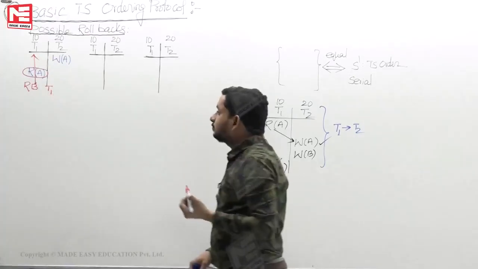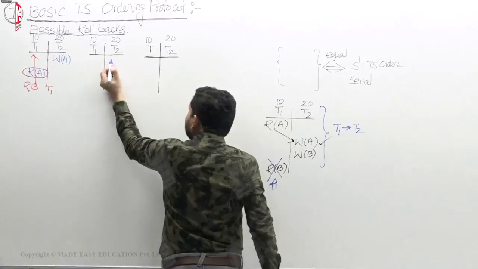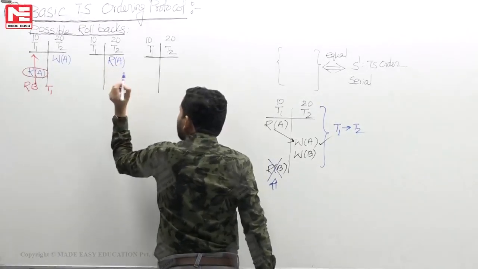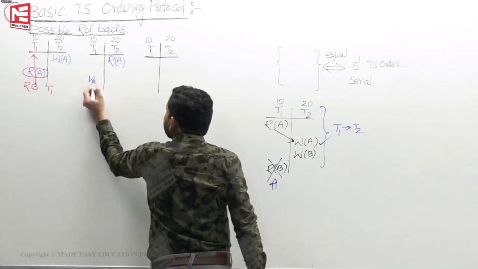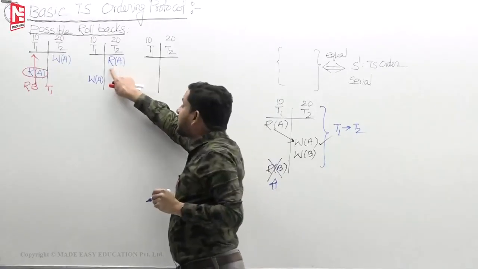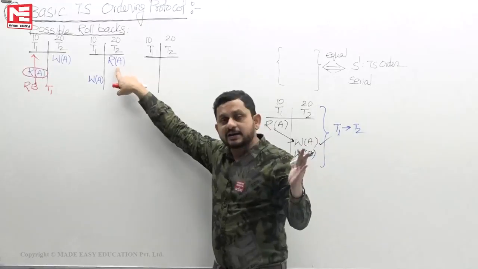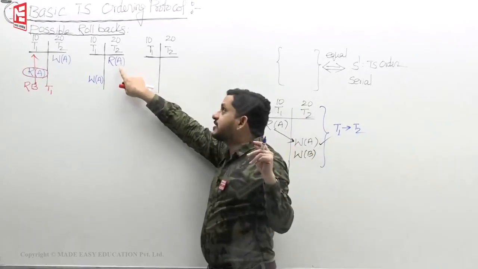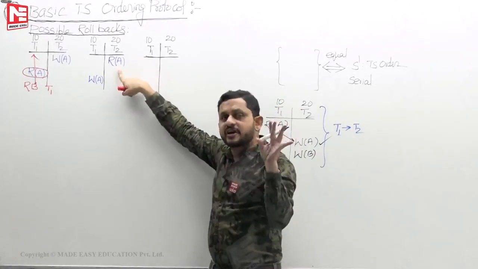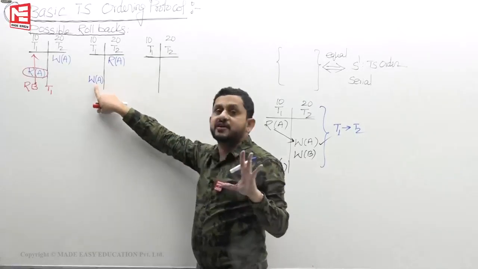Similarly, if T2 has already done a read of A, and now T1 requests a write. The T2 read was accepted by the protocol because at the time of this read there were no conflicts. T2 has already done the read. After T2 does the read operation, now T1 requests a write.